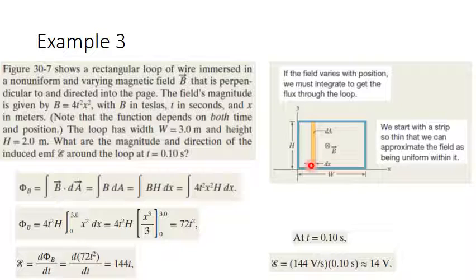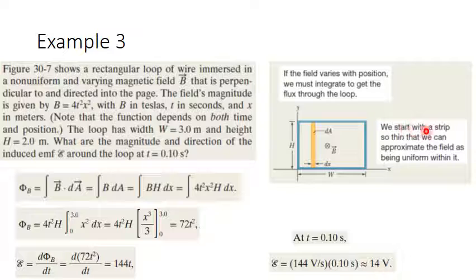So we are going to integrate on x, where the magnetic field varies, but y is constant. So dA can be replaced by h multiplied by dx, the area of this strip.